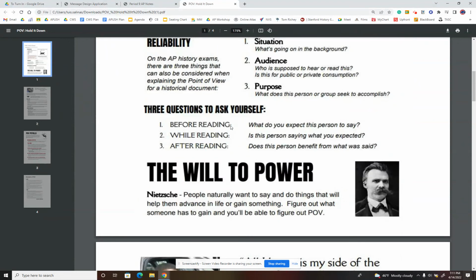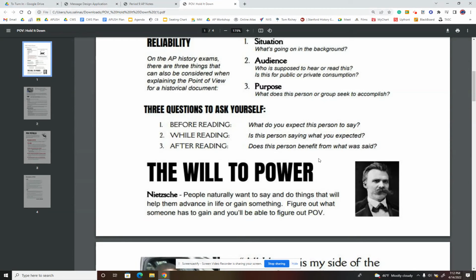I give them here three things to ask yourself as you're reading the document or studying the graph or whatever it might be. Before reading, what do you expect this person to say? While you're reading it, is that person saying what you expected? Because maybe it's not. This is getting their brains working and in motion.